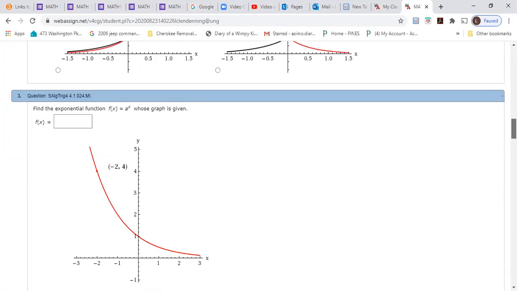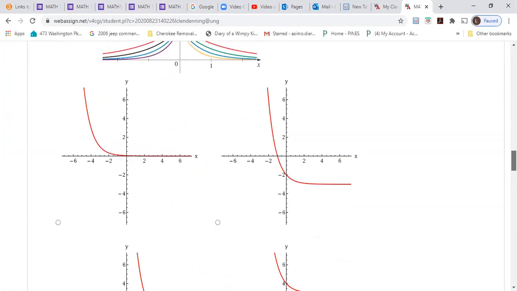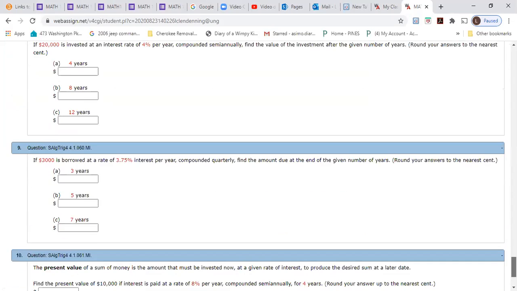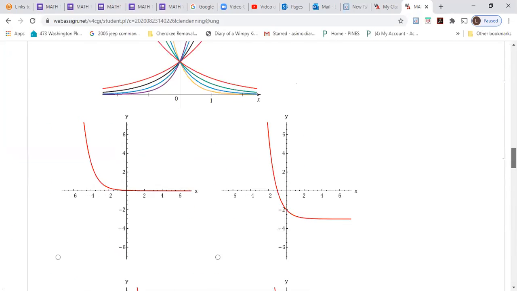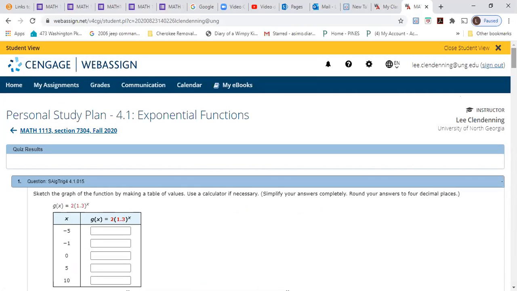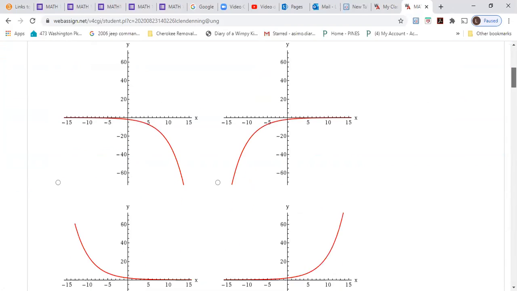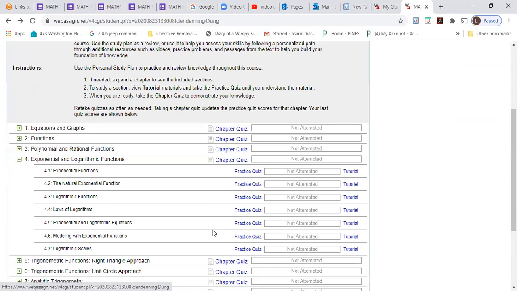Whatever I assigned, again, I don't think I assigned them all. I think I skipped some. But you can go to the bottom and submit all questions, and it will tell you. It's a green check if you got it right and a red X if you didn't. Okay, that was due this week, and the practice quiz for 4.2 was due this week.